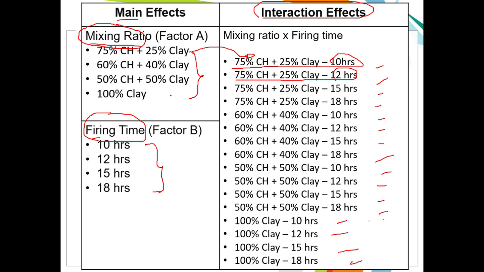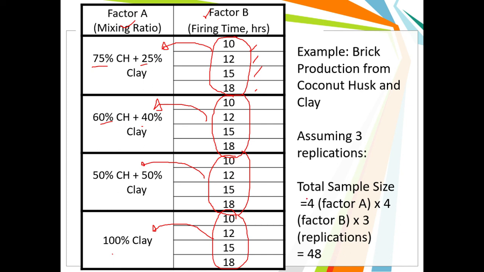We have 4 for factor A and then 4 for factor B. So that is 16 treatments in all. With 3 replications each, that is 48 in all. So if we will make bricks or units, we have to create 48 bricks. This is for one dependent variable. So if that is compressive strength, 48 bricks will be used for compressive strength alone.